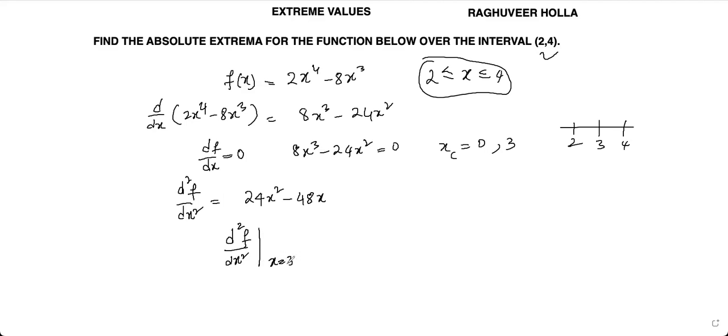We get 72, which is a relative minimum. So there is a relative minimum at x as 3, where the second derivative is positive.